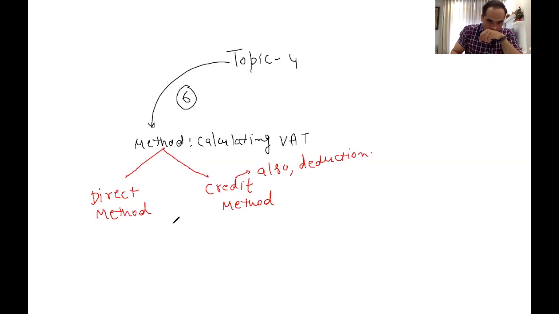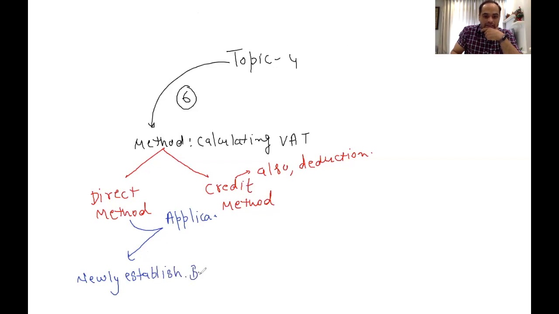So we will talk about where it is applicable. For the direct method, it's for newly established business and any kinds of foreign organizations.